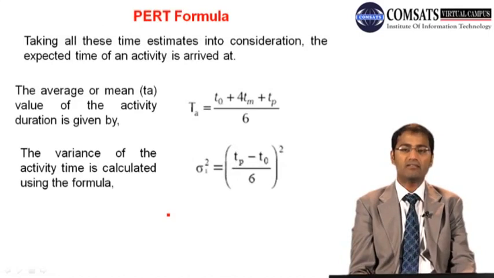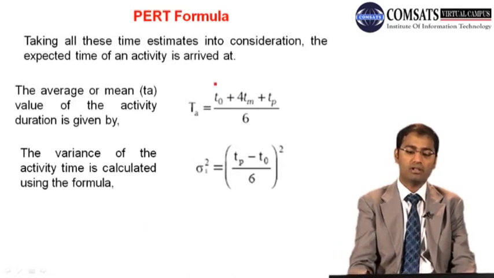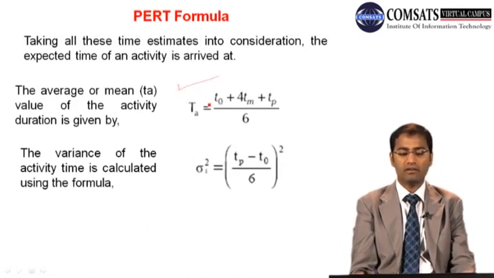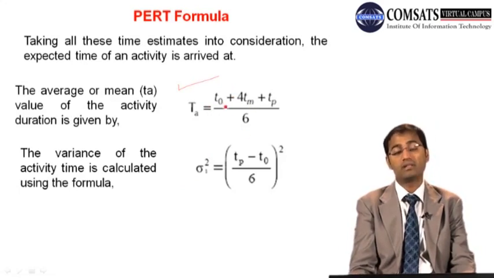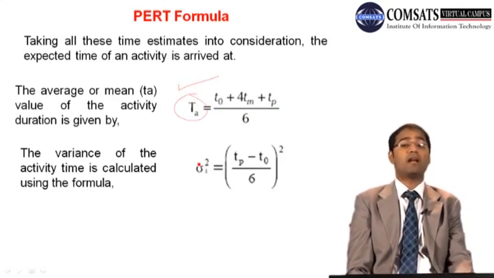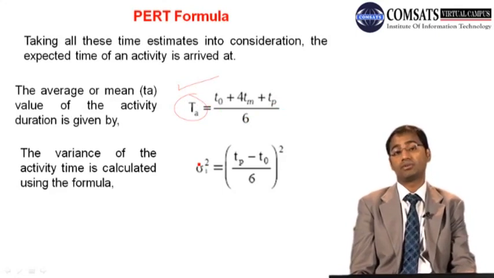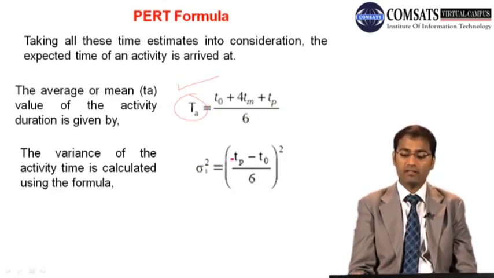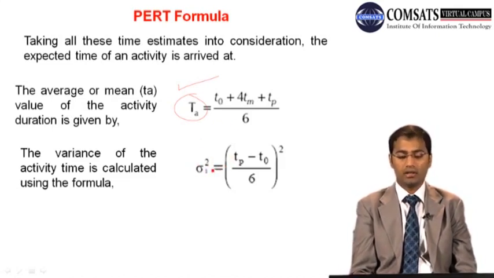So different formulas are available. We have talked about the average or mean value of the activity duration by TO, TM, and TP, where TO is the time optimistic, TM the time most likely, and TP the time pessimistic, divided by 6. So this is the time of activity, TA. And another very important parameter which is used in PERT is variance. Variance is the standard deviation squared.